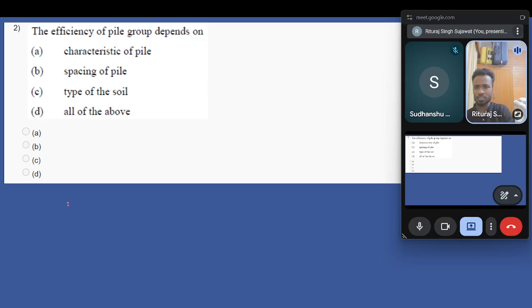It depends on the spacing of the pile, the type of soil we are dealing with, and also the characteristics of the pile. So option D is correct.